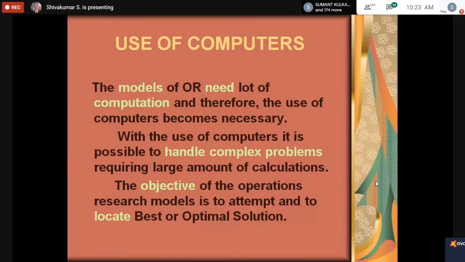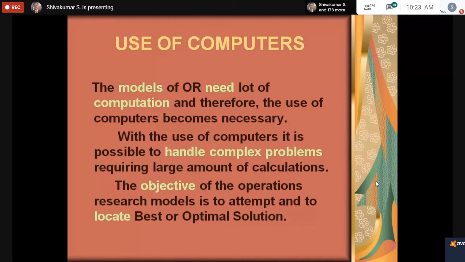Then you have hundreds of variables, and correspondingly multiple constraints, 25, 30 constraints. So you can't solve the mathematics manually. You need computers. That's why the use of computers is very essential in OR. So one more feature of OR is the use of computers.